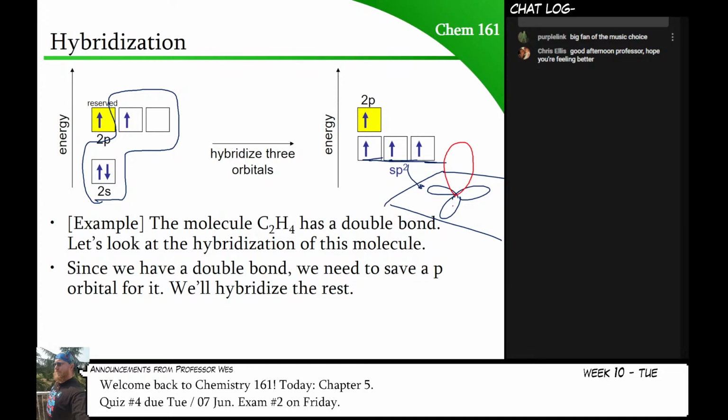Instead, it goes above and below the plane. So whichever plane I choose for my sp2 orbitals to go on, I will then have my p orbital be perpendicular or orthogonal to that plane.